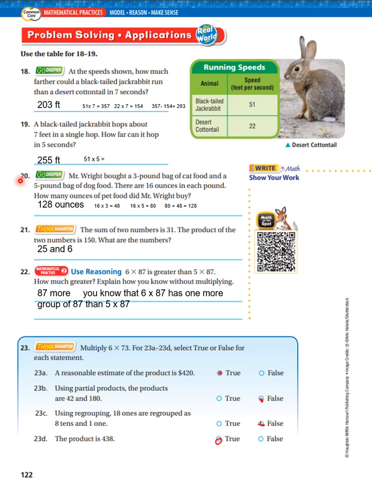All right. Mr. Wright bought a 3-pound bag of cat food and a 5-pound bag of dog food. There are 16 ounces in each pound. How many ounces of pet food did he buy? Well, he bought 128 ounces. I went 16 times 3, the 3-pound bag. 16 times 5, the 5-pound bag.